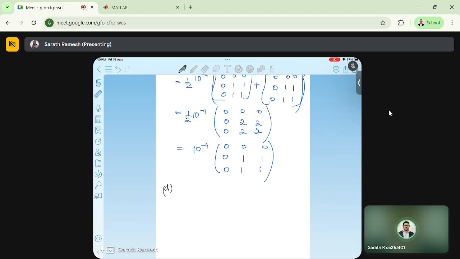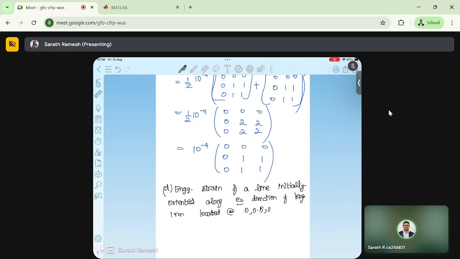Subdivision D. We have to find the engineering strain of a line initially oriented along the EZ direction, of length 1 mm, located at the coordinate 0, 0.5, 0.5, computed using the linearized strain tensor.